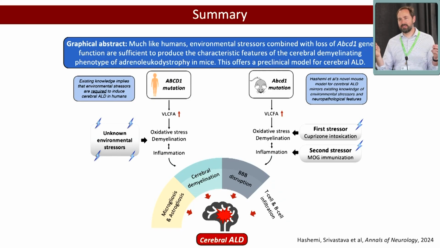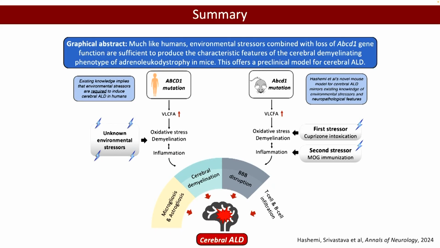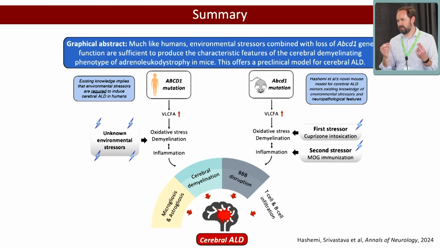Something else happens, we don't know what that something is, but in humans it happens in the background without our awareness. In mice, we try to induce something that we think is similar. So we use an oxidative stressor, cuprizone, and an immune stressor, EAE, which is basically immunizing mice to their own brain proteins. And we are able to produce something that's quite similar.